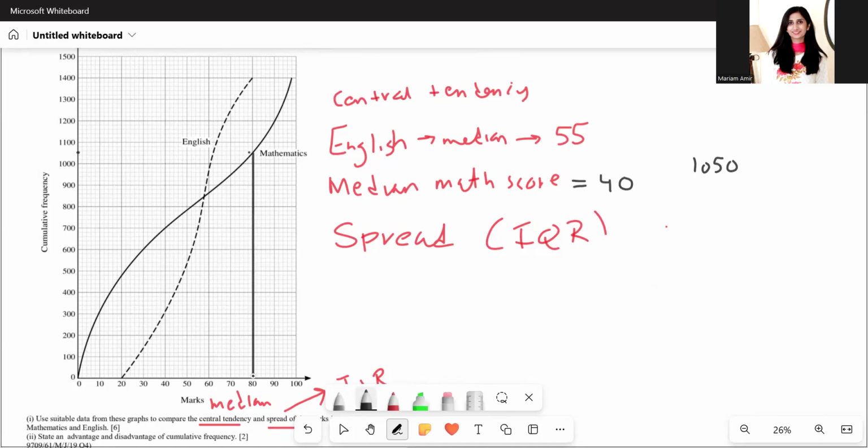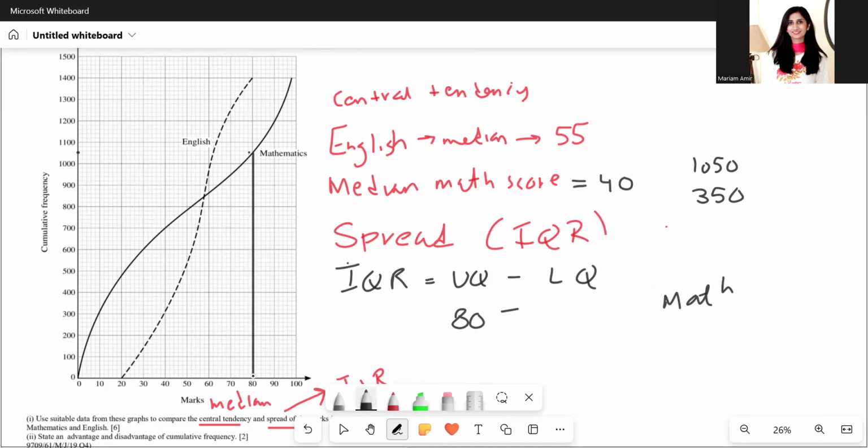So interquartile range is upper quartile minus lower quartile. We're doing that for math first. So upper quartile is 80. For lower quartile, we first find 1/4 of the highest y value, which is 1/4 of 1400, which is 350.